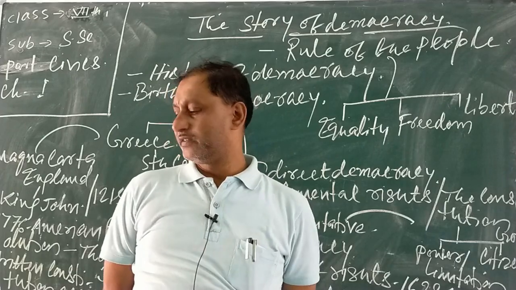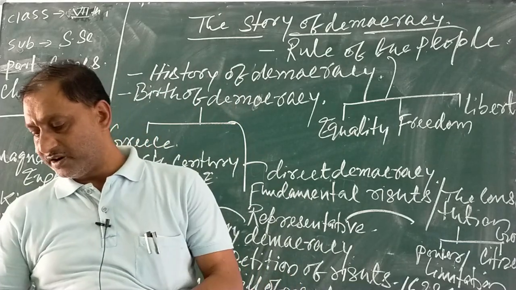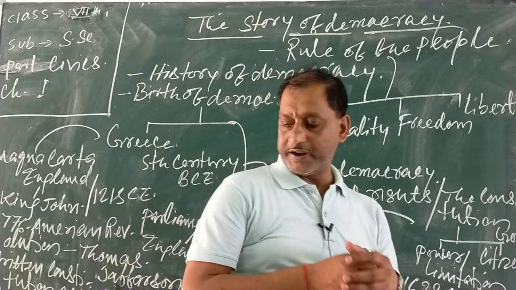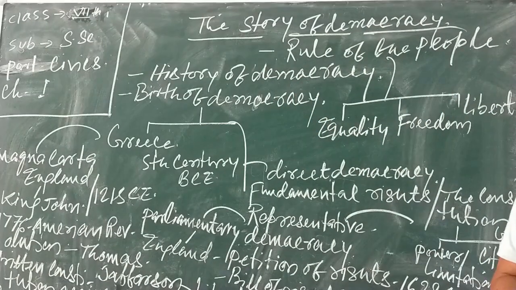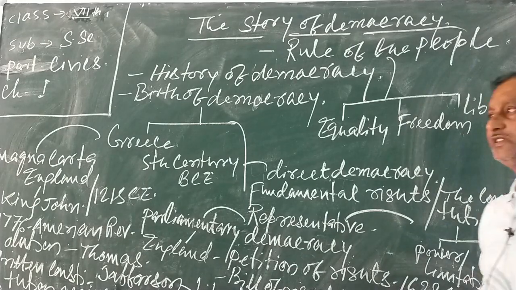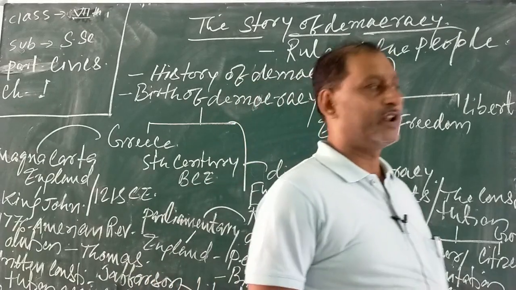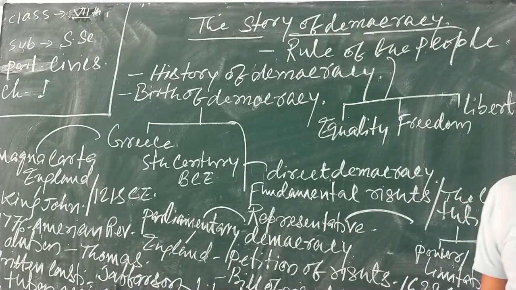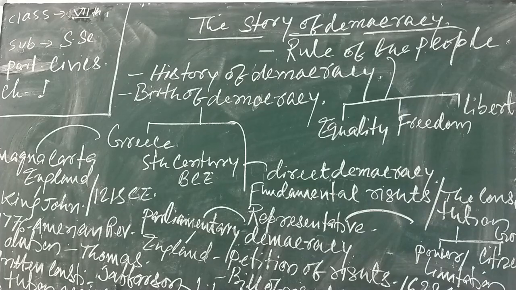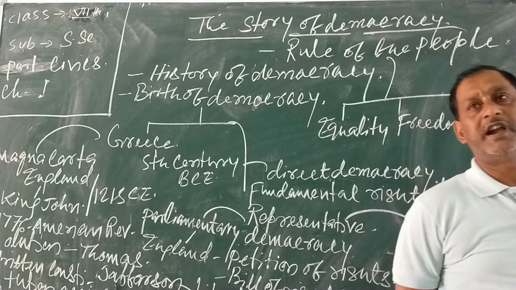Electoral competition introduces the student to universal adult franchise, apart from any discrimination of caste, creed, sex or religion. So the matter of discrimination by caste, creed, sex or religion is also discussed in the story of democracy.